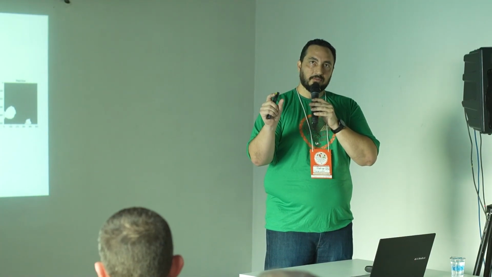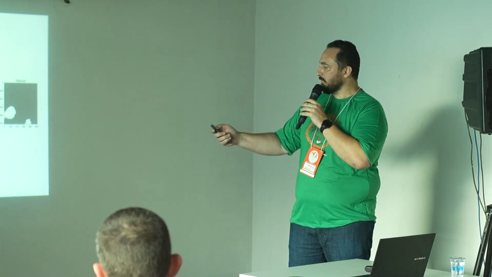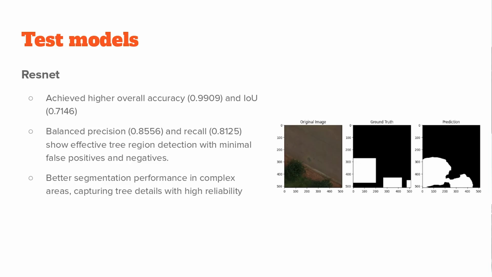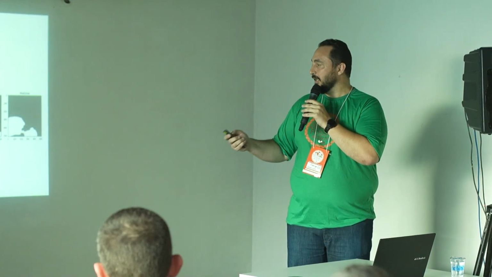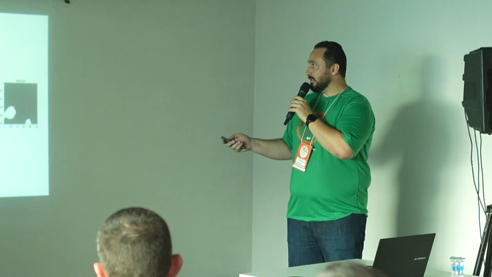If the probability that this pixel is a tree is 30%, consider it a tree. So we tested various thresholds and got the values. I think it's omitted here, unfortunately. But if I can trust my memory, a threshold of 0.2, 20%, for ResNet and a threshold of 0.3, 30%, for MobileNet were the optimal thresholds for this particular problem.